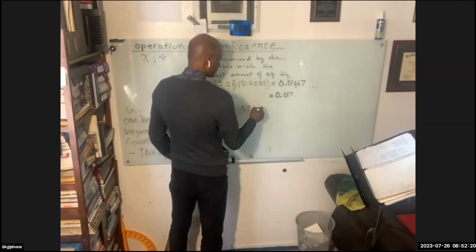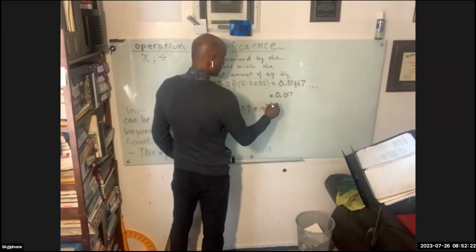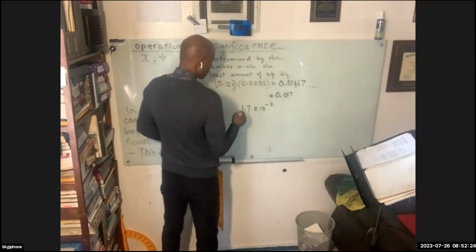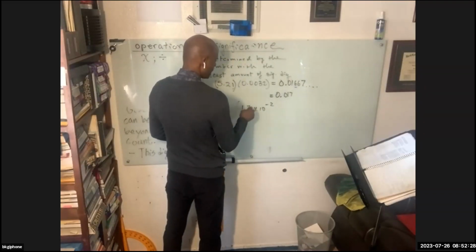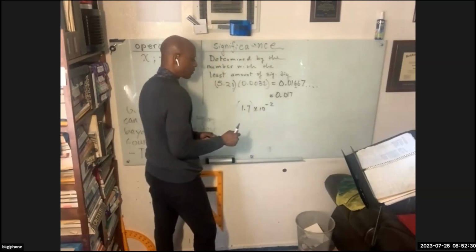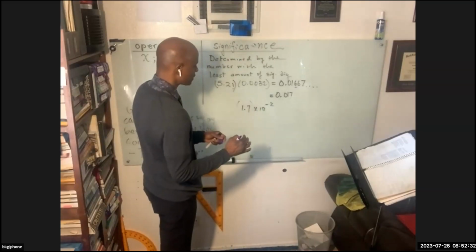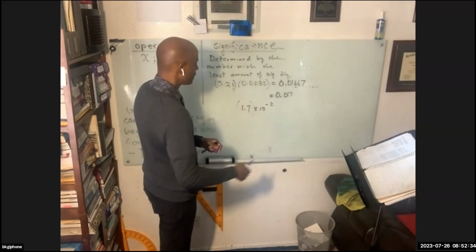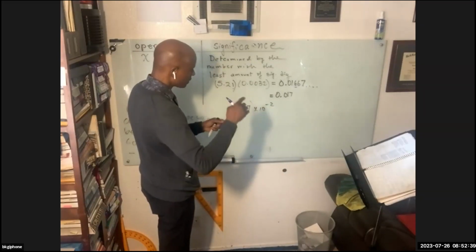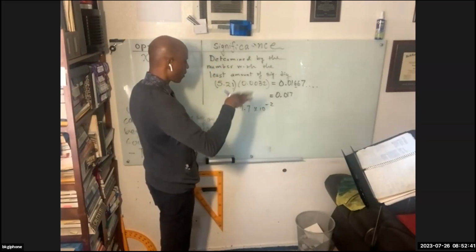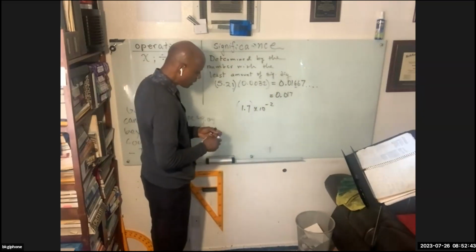So then that's 1.7 times 10 to the negative 2. So this portion right here in parentheses is called the argument. In general, any number in the parentheses of a function is an argument, like cosine, or whatever the thing in the parentheses is the argument. And same thing for log functions.